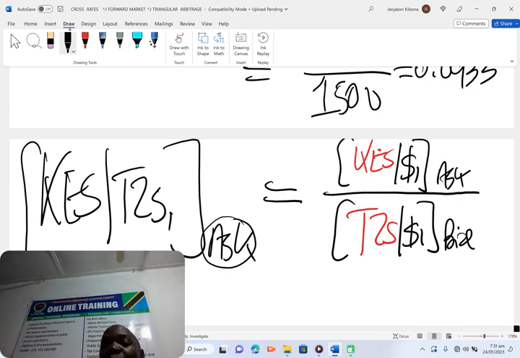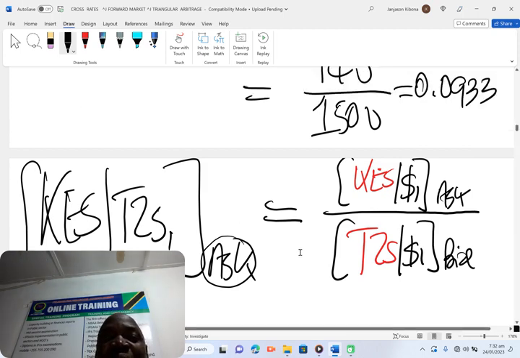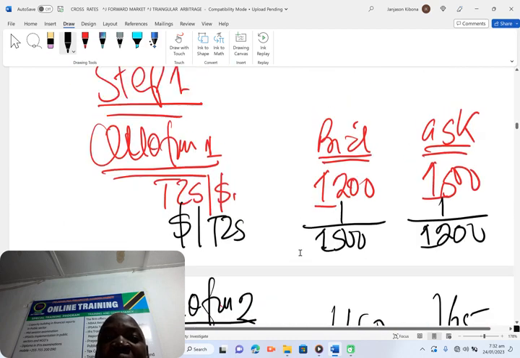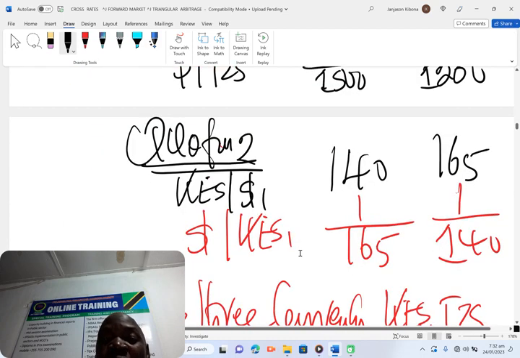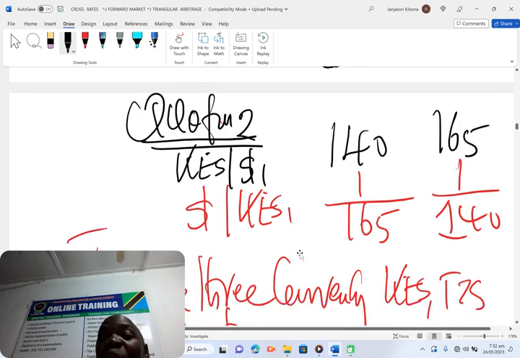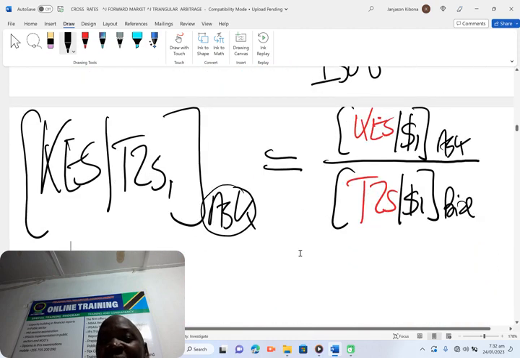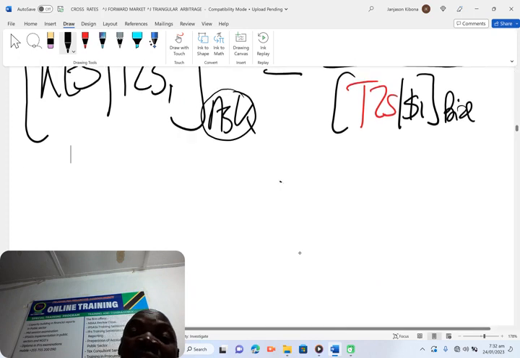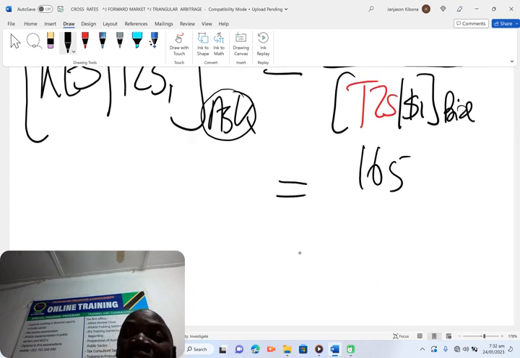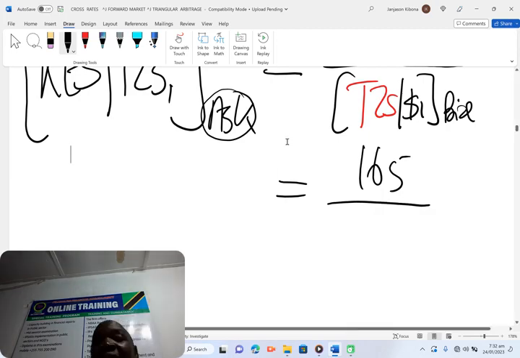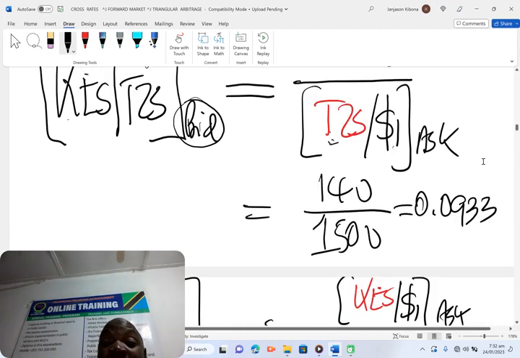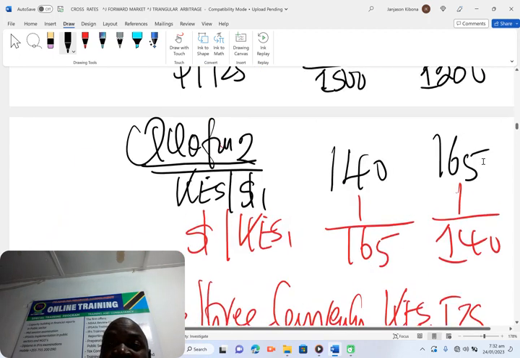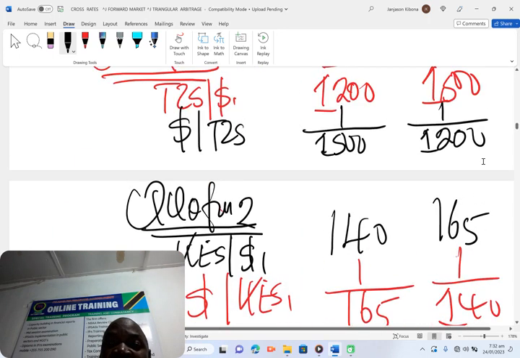Now, search the number. What is the Kenyan shilling per dollar ask? You move to the top. Where do we get it? Kenyan shillings per dollar ask is 165. Then Tanzanian shillings per dollar bid. What is that one? 1,200.